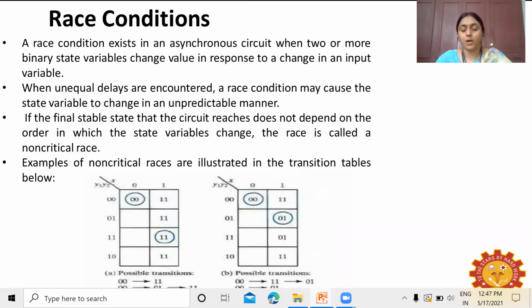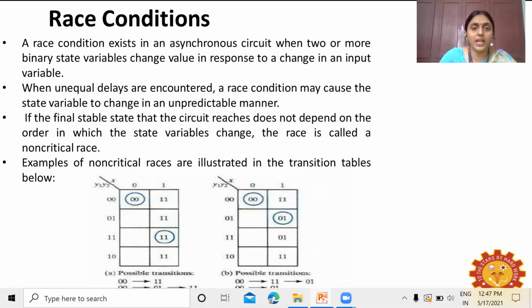And now we will see about the race conditions. A race condition exists in an asynchronous circuit when 2 or more binary state variables change value in response to a change in an input variable.